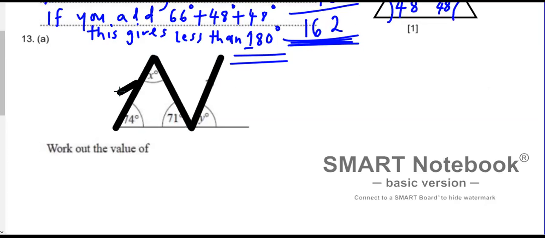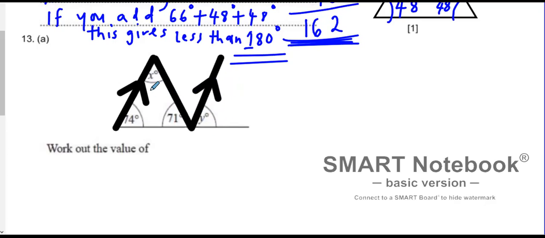If that line is parallel to this line, that means we have to look for alternate angles. Now, what does it mean?